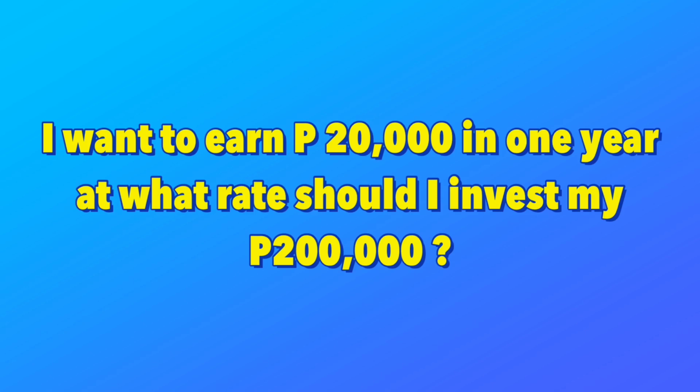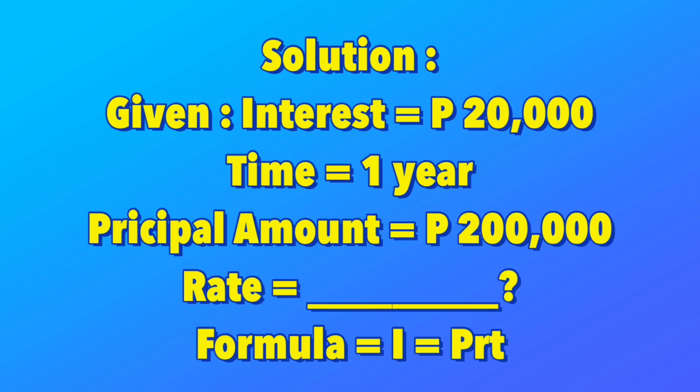So the first thing we do is to write down all the given. The given is interest, 20,000. The time of transaction is 1 year. Principal amount, 200,000. And the missing is the rate.